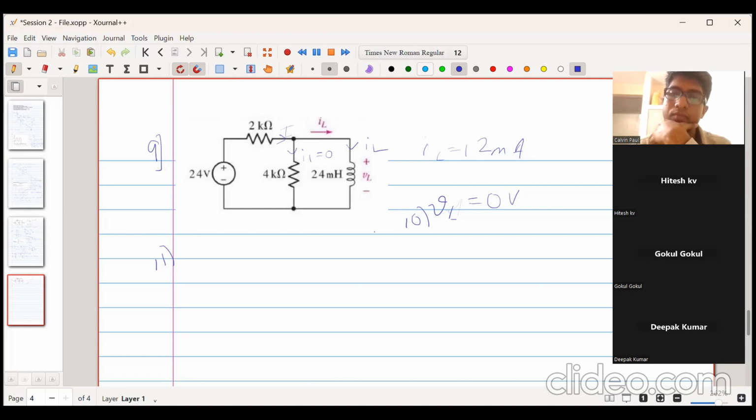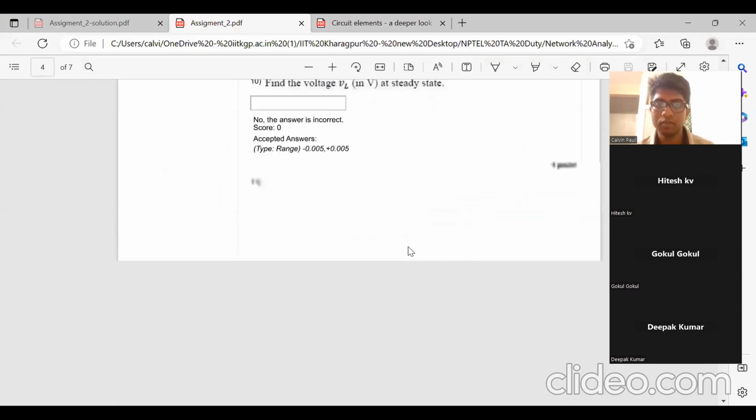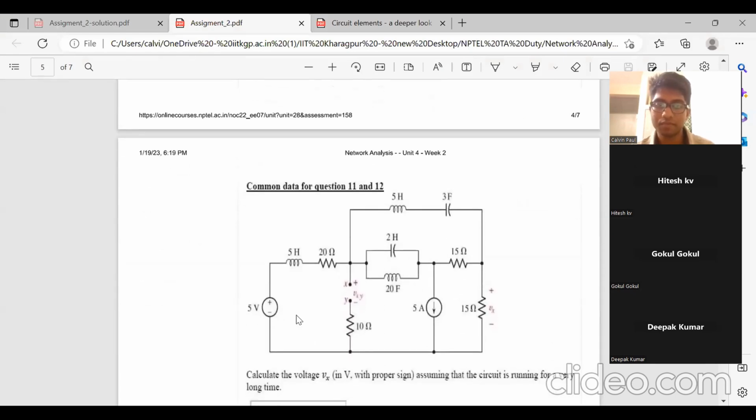You must remember the current will go through the path of least resistance. The least resistance is here because the resistance is 0, it is a short circuit. So the current will flow directly across like this, and this branch will just vanish. Okay, sir. So now we will consider this question.